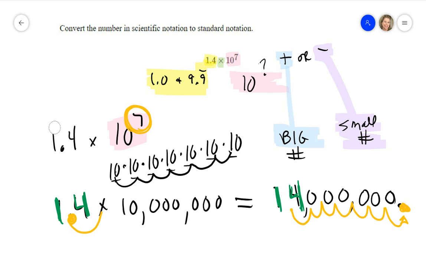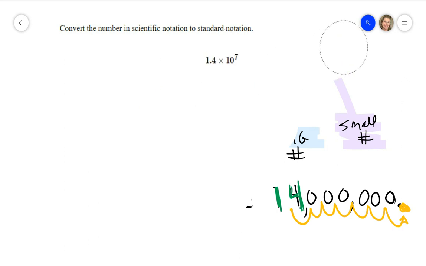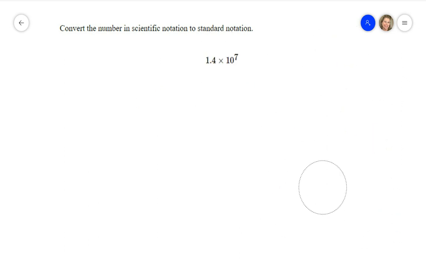Now, let me look at another one, because some of you may get a negative exponent. Let's say instead of 1.4 times 10 to the positive 7, this was 1.4 times 10 to the negative 7.